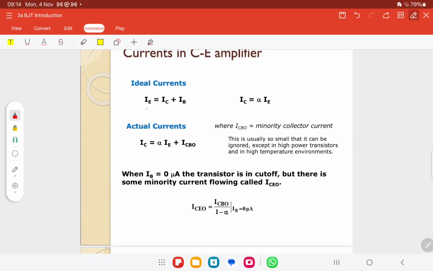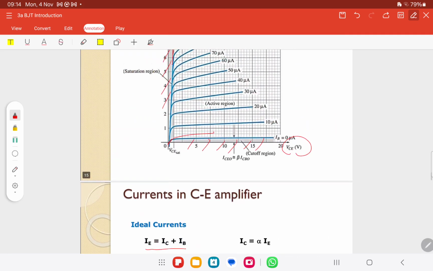Okay, this is by ideal the current. And then this is the actual current, tetapi we just ignore on this one. Okay, and ditulis kat sini IB is equals to 0 microampere in cut off dekat bawah ni.